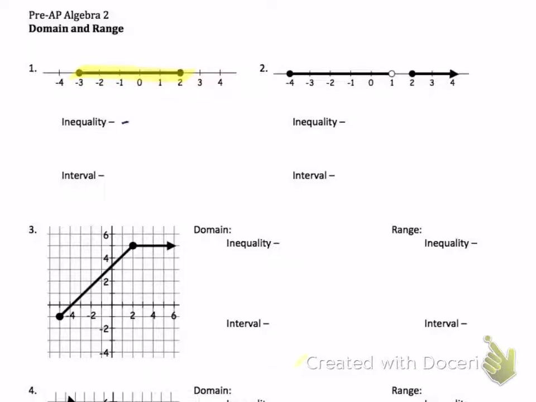So I would write -3 first is less than or equal to, because it has a closed circle. So remember, closed is less than or equal to, or greater than or equal to. And then open is just less than or greater than. So if you want to make yourself a note of that, maybe up at the top so you don't forget. -3 is less than or equal to x is less than or equal to 2.